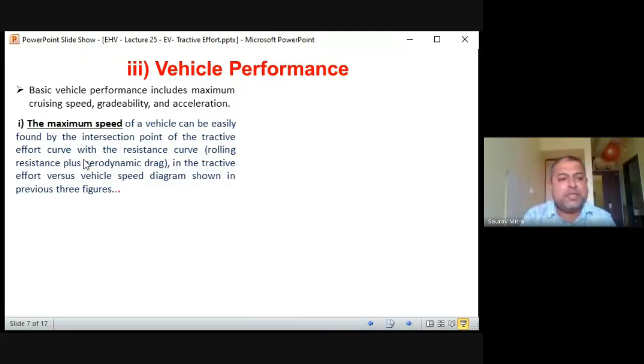The resistance curve is actually rolling resistance plus aerodynamic drag. Rolling resistance is there in the vehicle wheel, and aerodynamic drag is because of its shape, whatever opposition the air gives on the vehicle. That is increasing, because as vehicle speed increases, aerodynamic drag also increases. So the intersection of these two graphs is nothing but your maximum speed.